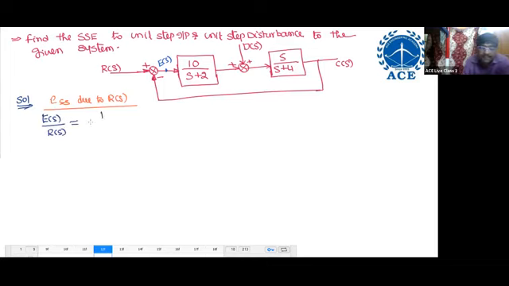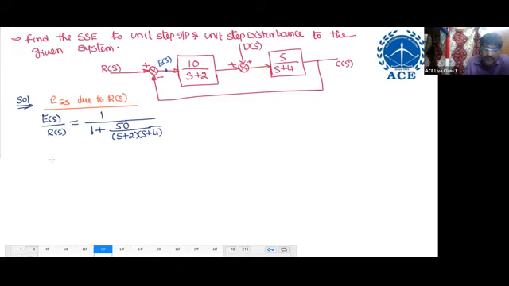The path gain is 1. So 1 divided by what is the loop gain? 1 opposite sign of loop gain, plus 50 by 10 into 5, which is 50 by (S plus 2) into (S plus 4).